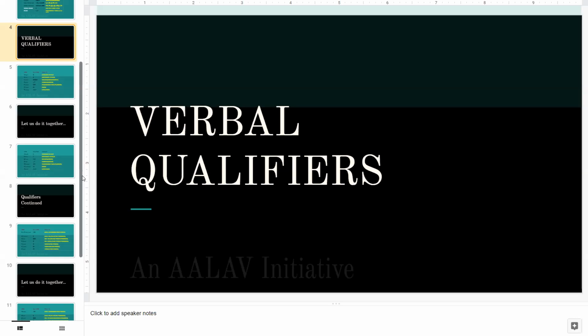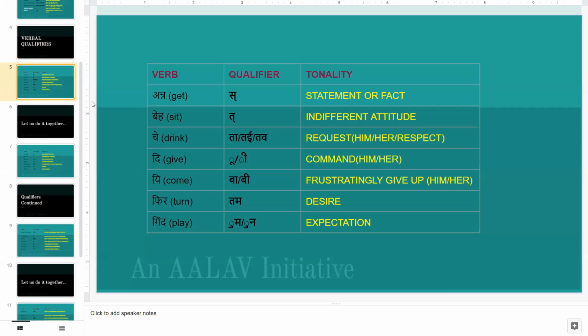And verbal qualifiers is another concept wherein you take a verb and you add a qualifier at the beginning or end, mostly at the end of the verb, and it changes the tonality of that verb. So what do I mean by that? Let's take an example of this table. We have a table here which shows all the verbs on the leftmost column.